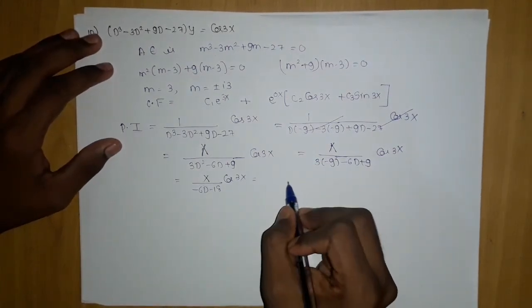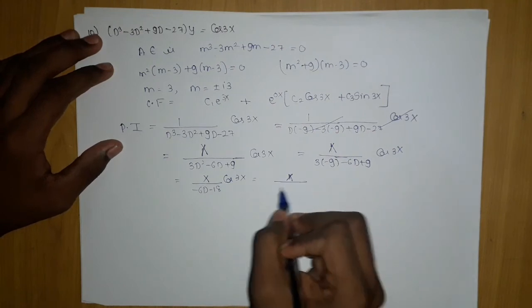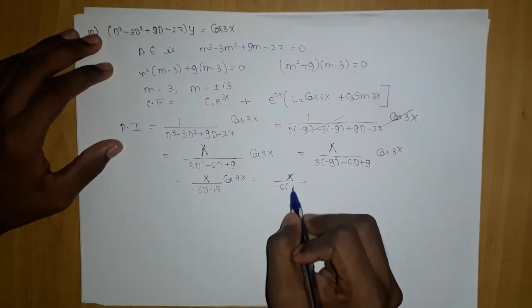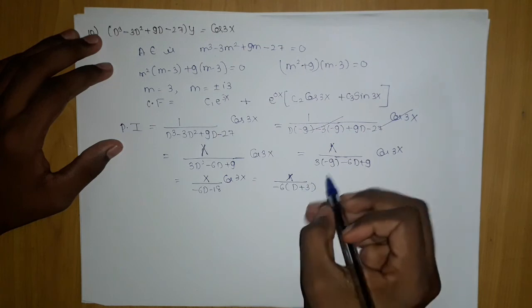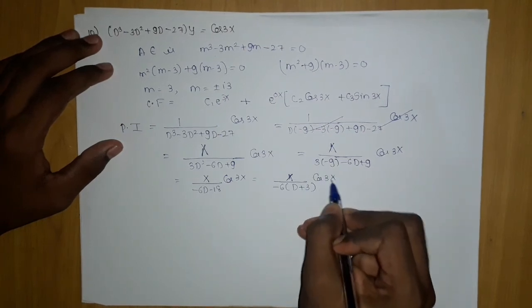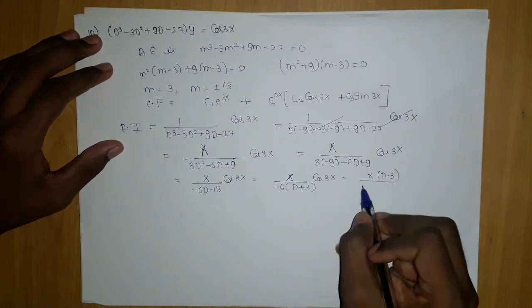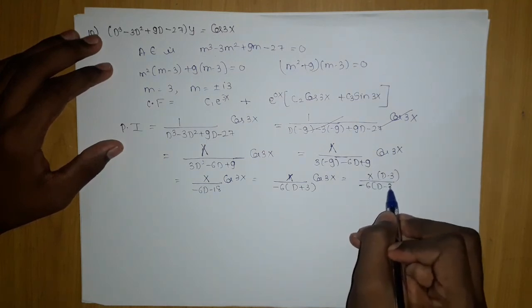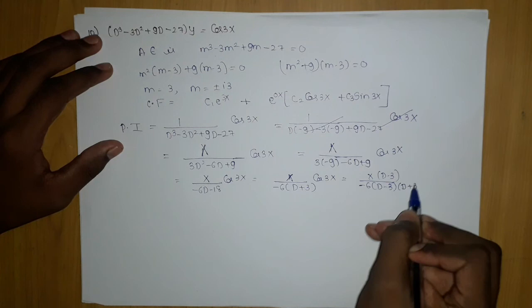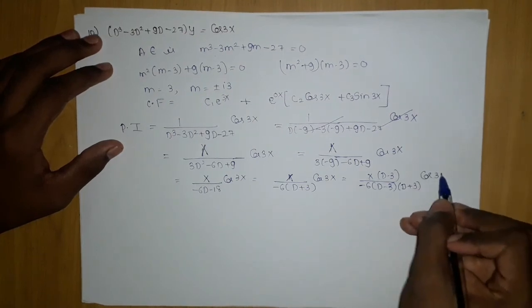We take the minus 6 outside, which gives D plus 3 into cos 3x. We are going to rationalize this: x into D minus 3 over minus 6 into D minus 3 into D plus 3, into cos 3x.